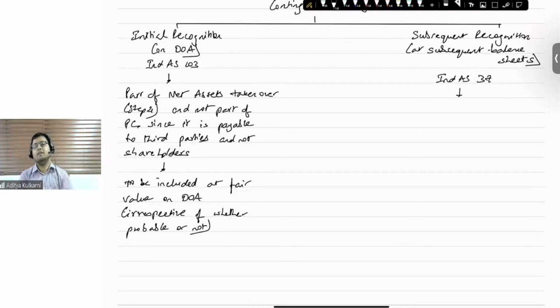Well, Ind AS 37 tells if there is no likely possibility of a liability materializing, and it is dependent on future events, then you will have to show it as a contingent liability.